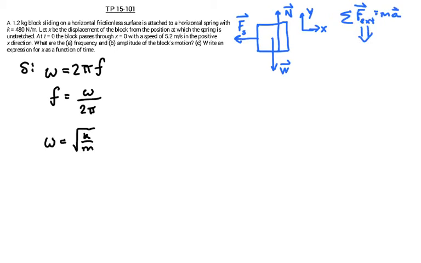Alright, so I want you all to pause the video, and on your scratch piece of paper or your blank printout of the problem, I want you to do a Newton's second law analysis on this specific block. Now for the sanctity of time, I want you to just focus on the x direction. Alright, so how'd you do?